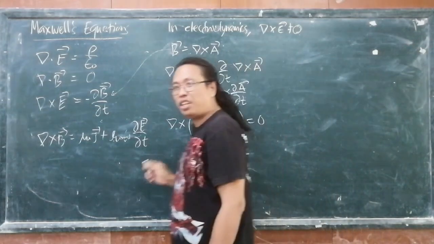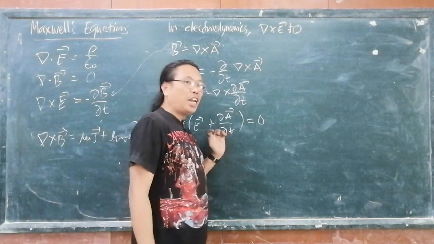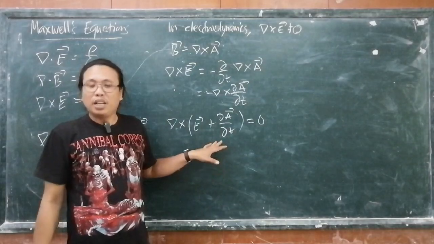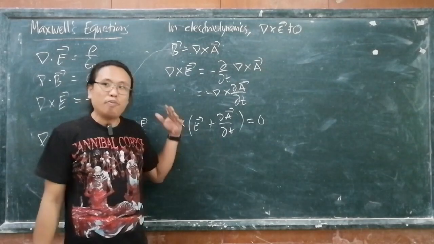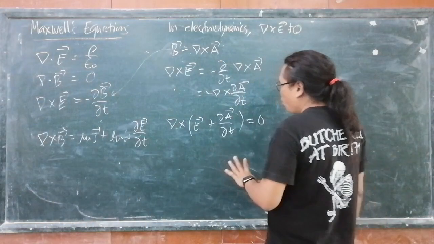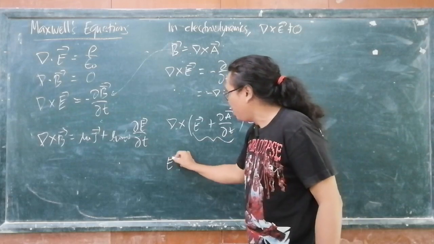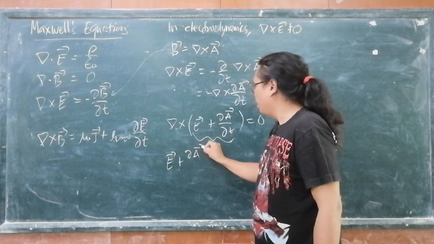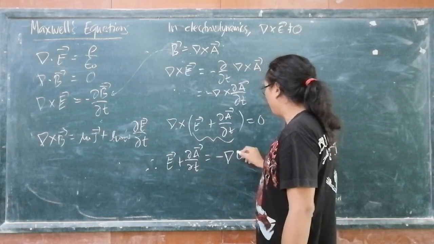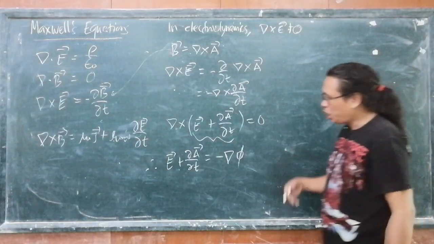So this is a vector field whose curl is 0. We can think of this vector field, E plus partial A over partial t, as a gradient of a certain scalar potential. Therefore, E plus partial A over partial t must be a gradient of some scalar field.